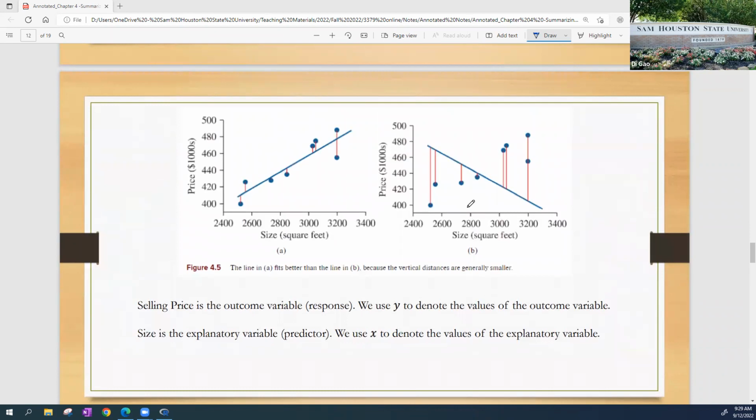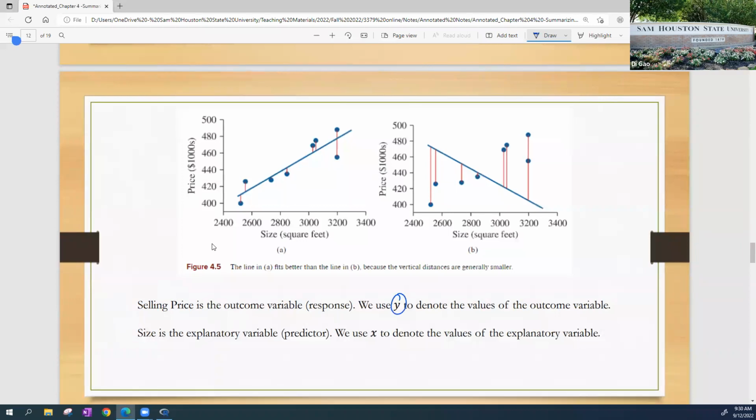And then we can, of course, draw the scatter plot. So selling price is the outcome variable, or response. Now when we draw the scatter plot, we prefer to put the response on the y-axis, and we want to use the letter y to denote the values of the outcome variable.